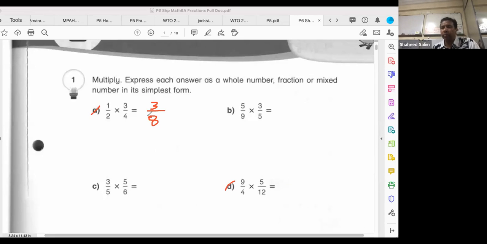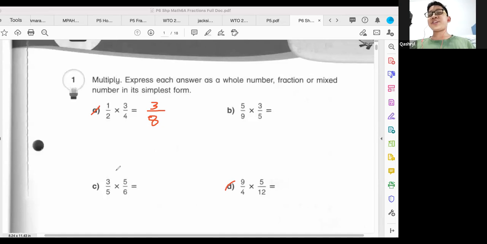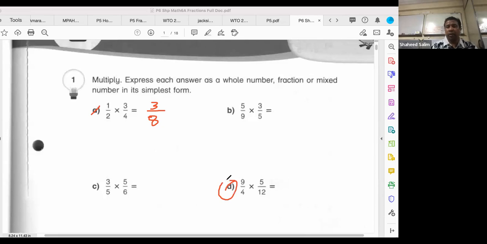Correct or not? Putra, 15. Yeah. But the top number is what? 5. Wait, which version are you referring to? You are referring to D, right? Yeah. So now you reduce this, this one becomes 3.